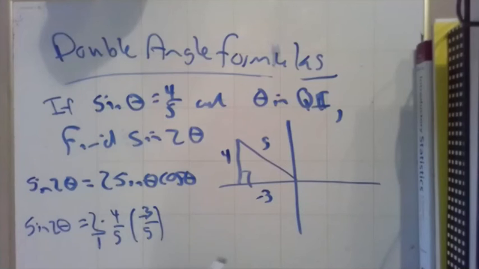And now let's just multiply across the top and across the bottom. 8 times -3 would be -24. And across the bottom, 25. Remember, here's a good check. The range of sine is -1 to 1.